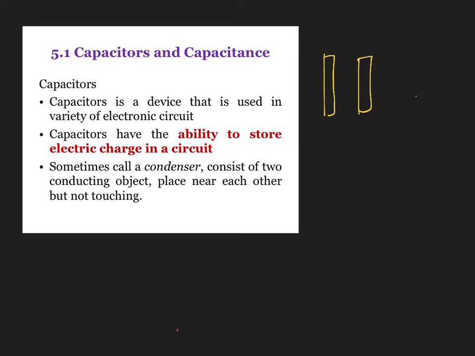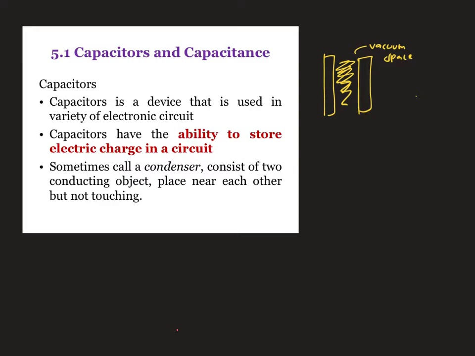Okay, so we have two conductor plates, and in between the conductor plates we are going to have a dielectric material, but that one is going to be discussed in the last part of this topic. But now we are going to discuss the case where the middle is only vacuum space. These two conductors are going to be close enough.